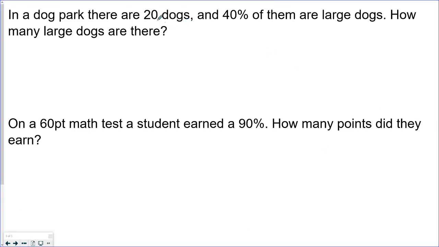What about in a dog park? There's 20 dogs and 40% of them are large dogs. How many large dogs would there be? Well, change 40 into a decimal, so jump it left twice. We get 0.4. So we're going to take 0.4 times 20.